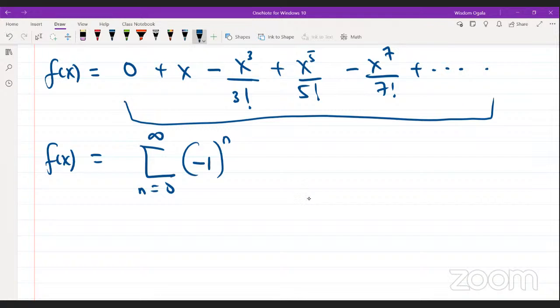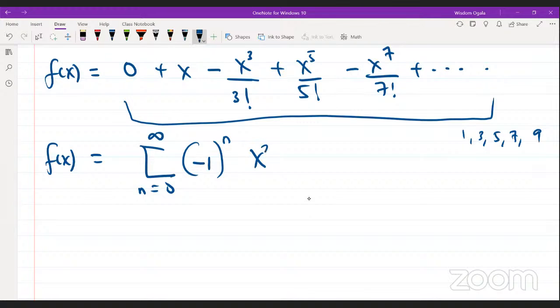Now look at the x's in the numerator. This is x to the power of 1, x cubed, x to the 5th power, negative x to the 7th power, on and on. You see they are odd: 1, 3, 5, 7, and the next is going to be 9.